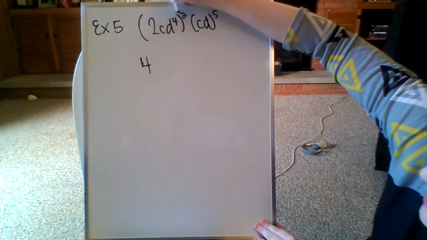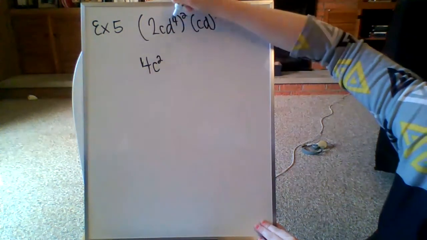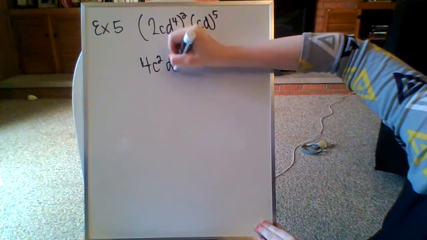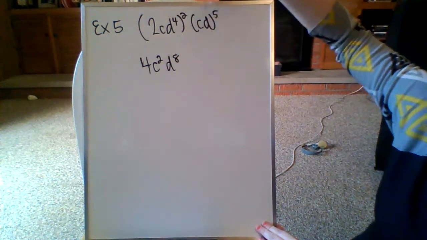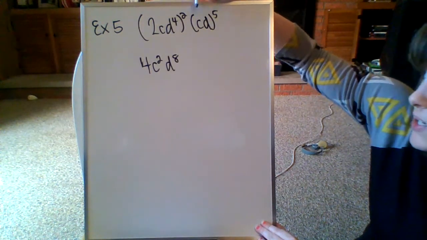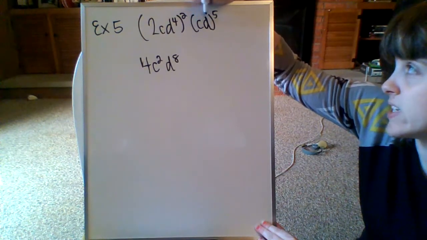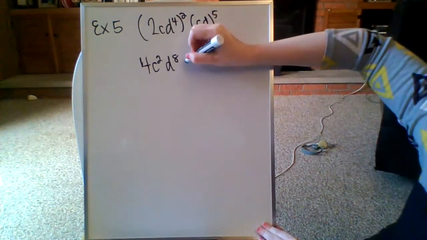Okay, then we're going to have c squared, because this is a 1 right here, so 1 times 2 is 2, so c squared. And then 4 times 2 is 8, so d to the 8th. Then over here, this is going to become c to the 5th and d to the 5th, because these are both 1s right here behind c and d, so c to the 5th, d to the 5th.